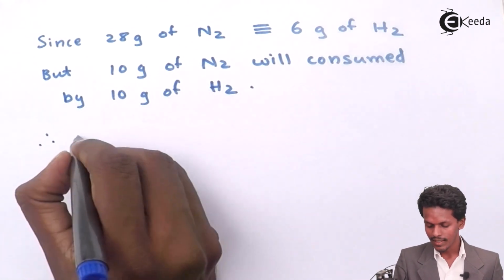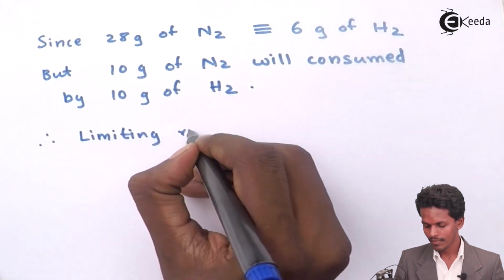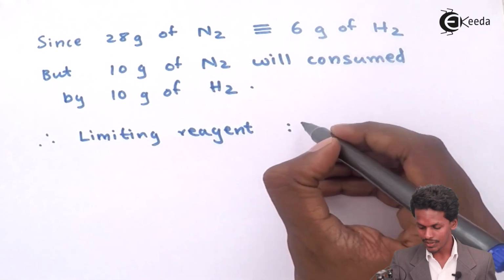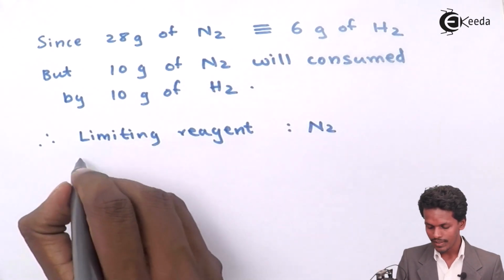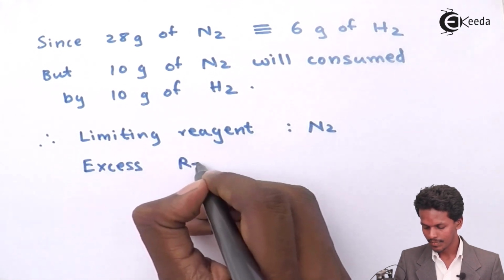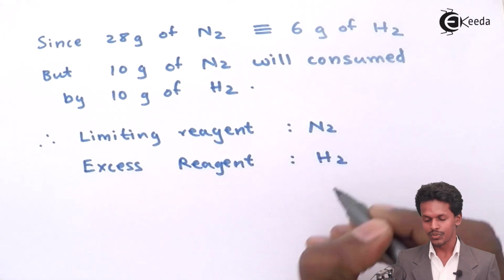Therefore, the limiting reagent is nothing but the nitrogen, while the excess reagent is nothing but the hydrogen.